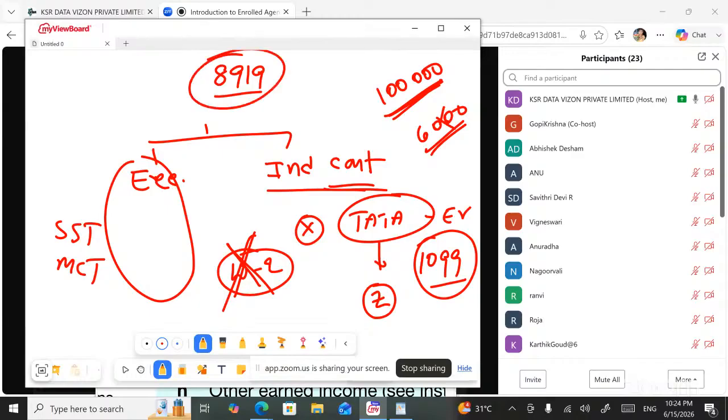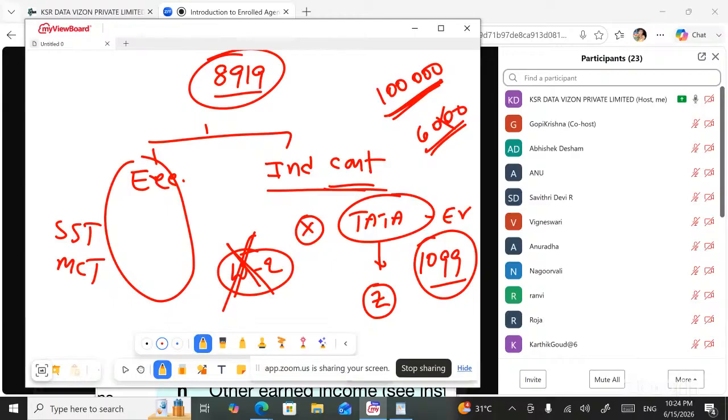If Z is in a position to convince the IRS department that I am an employee, not the outside service provider, and if the IRS is convinced, one form is given to Z, form number 8919. It is nothing but the IRS authorizing Z to be treated as an employee.